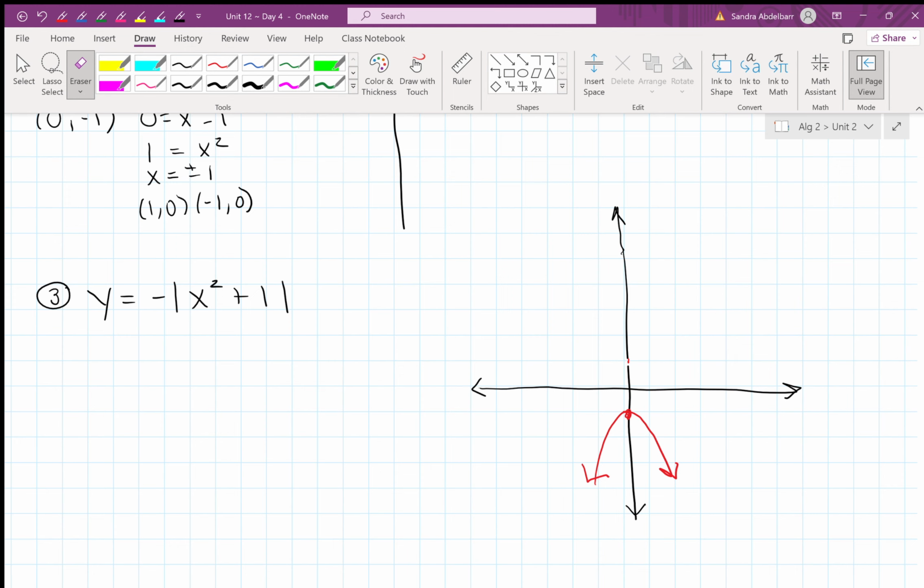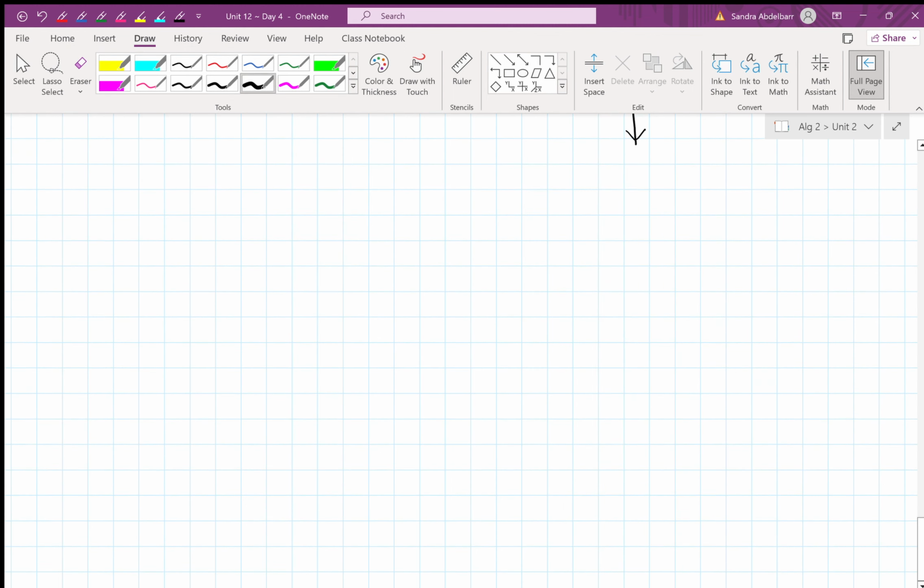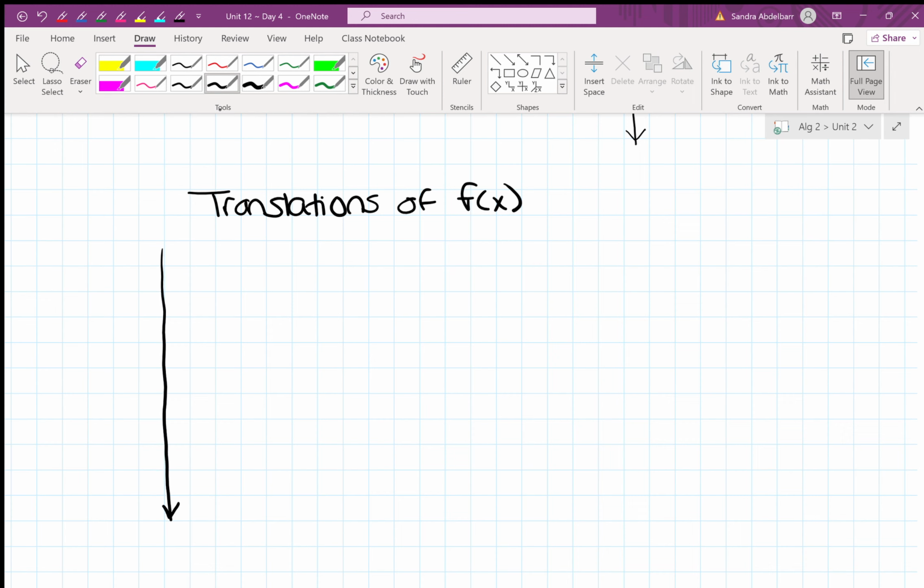Let's talk about translations now. So this is technically the only thing I haven't spelled out for you before. All right, so these coordinates do matter. We're at -2, 0, 0, 3, and 4, 0.